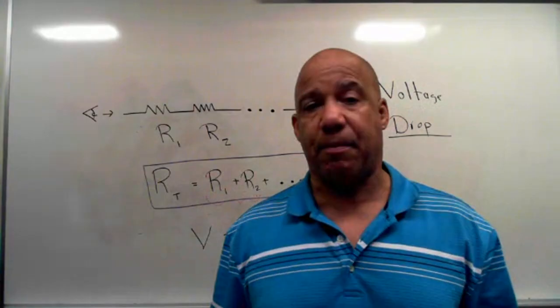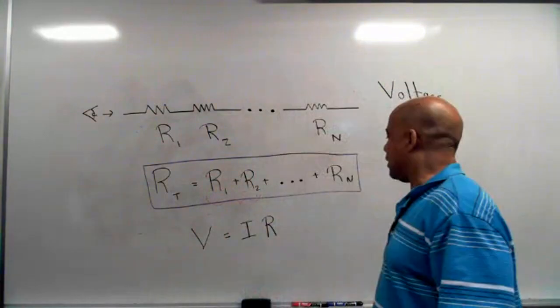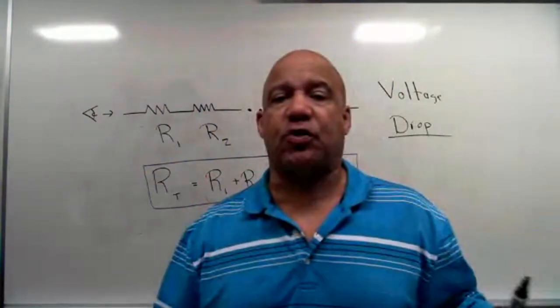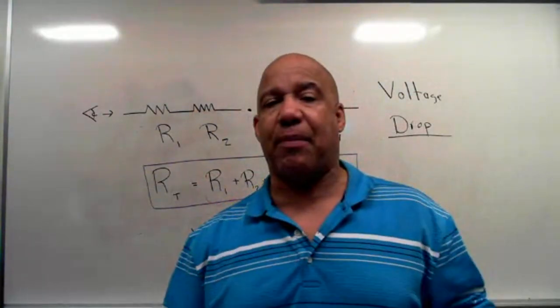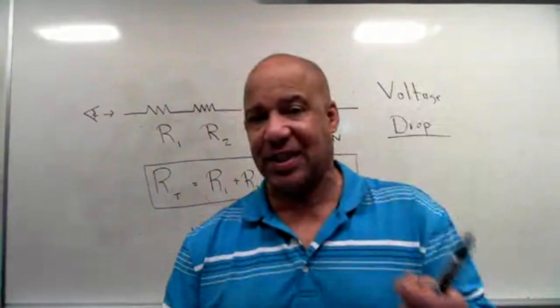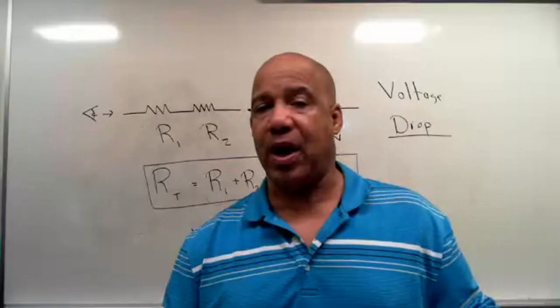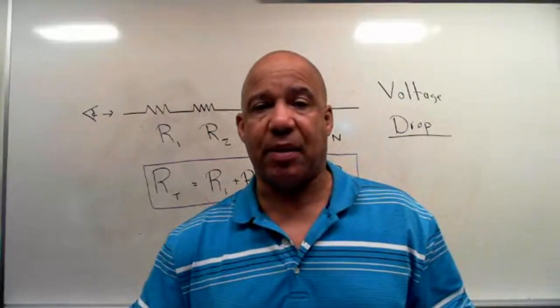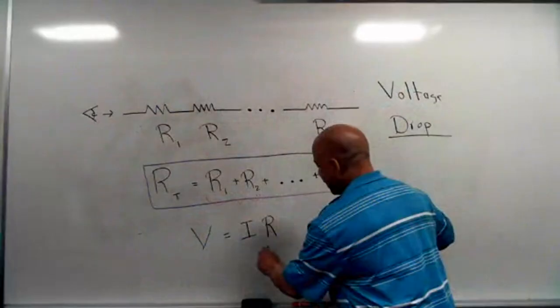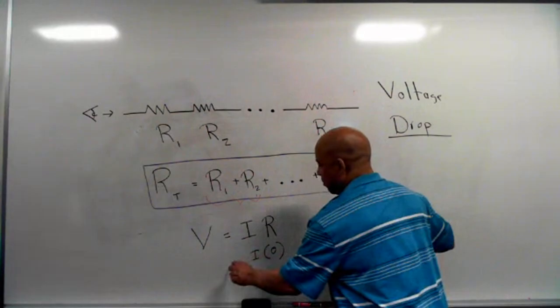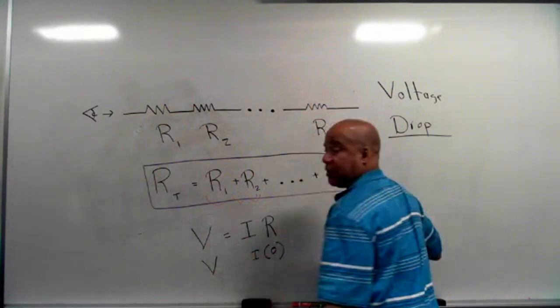You can only have a voltage drop if you have two things. You've got to have resistance and you've got to have a current flowing through that resistance. If you take away either one, you don't have a voltage drop. So if I have 0 here for resistance, I don't care what my current is, my voltage drop across that resistor will be 0.